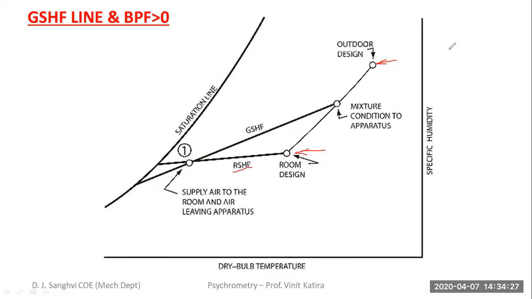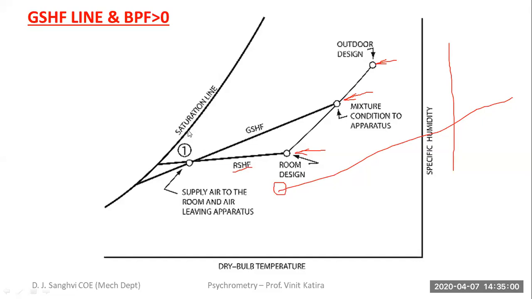Going by the SHF line on the right hand side, you will form a line for RSHF from the alignment circle, and then you make that same line parallel but passing through the room design condition. Then after you locate the mixing point, if the bypass factor is given, you can easily draw this line. Otherwise there's a different method. We will explain that later on.